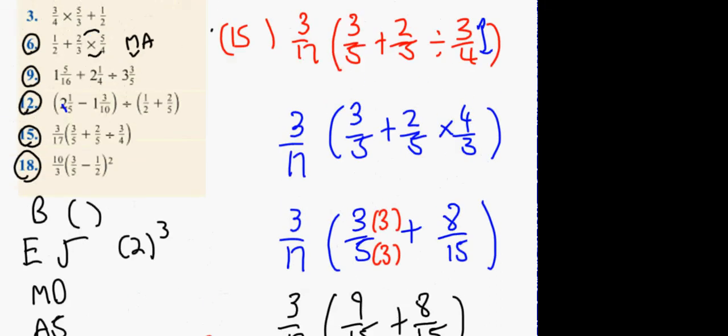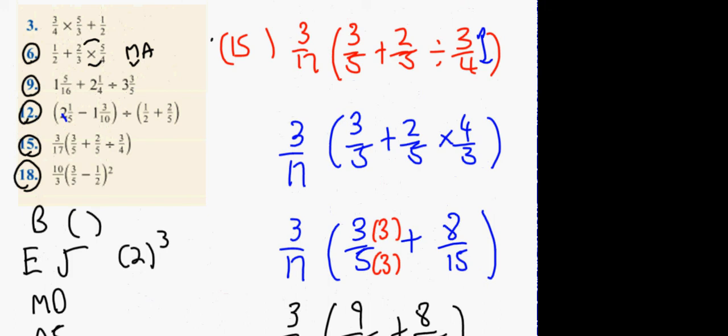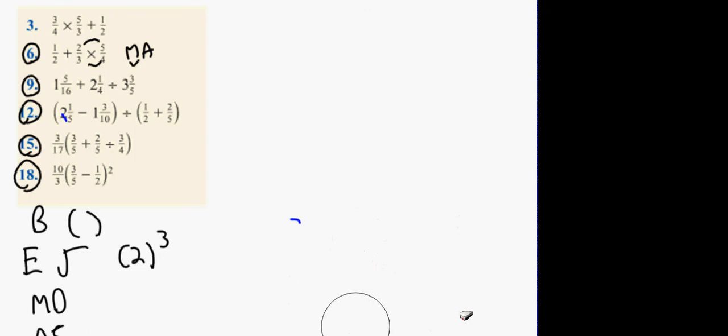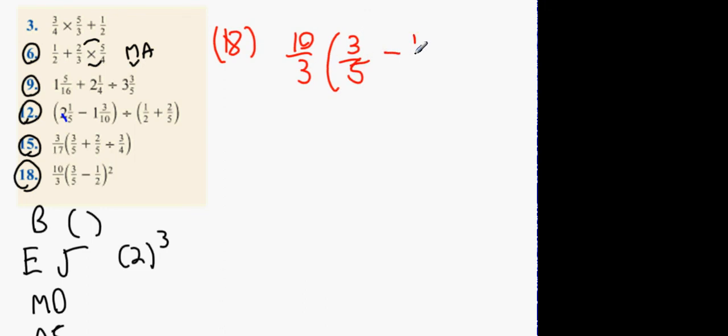Stephen, I'm going to get you to do number 18 for me, please. Number 18. So we're going to get 10 over 3 multiplied by the bracket 3 fifths minus a half, all squared.